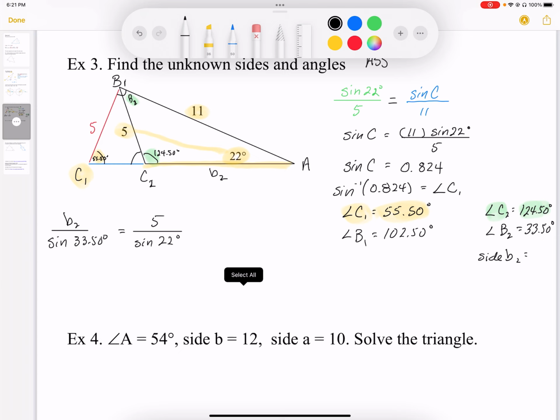Okay, so that's the paired side that we already had to start with. So when we calculate B2, this is over sine 22 degrees. When we do this calculation, the length of B2 works out to be 7.37.